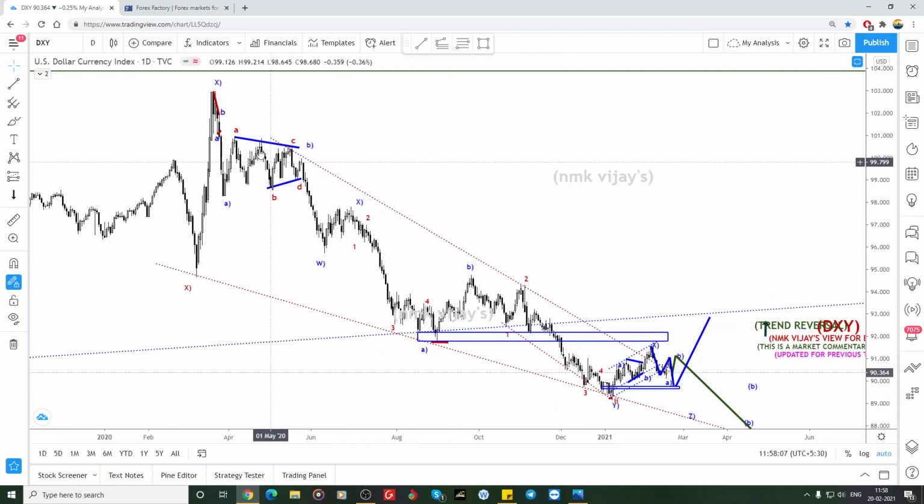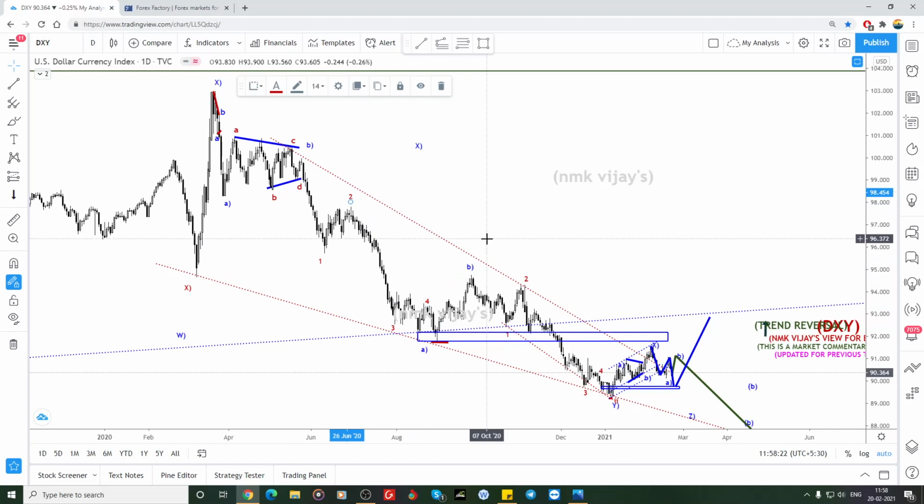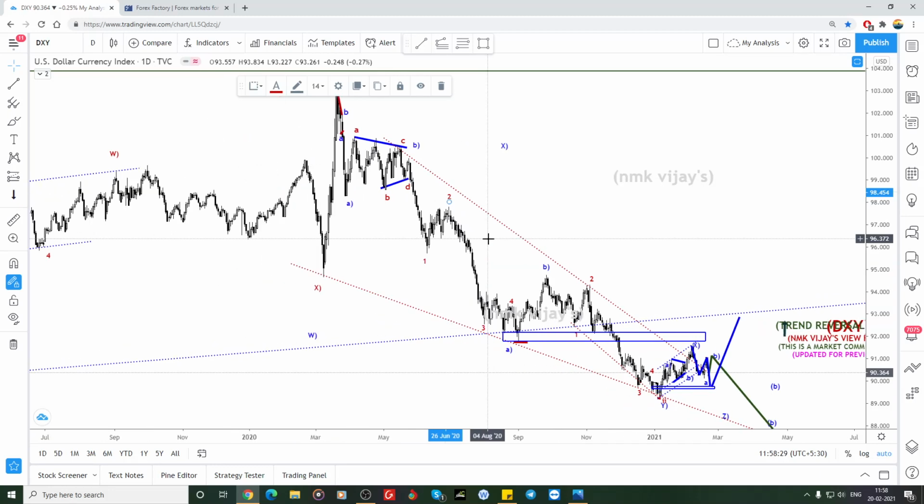So we can make this as an ABC, a flat correction, and B is also, C contains a 5-wave structure. See, I didn't change anything because I need to show you how we need to change the labeling. That is so important. Don't stick to my count also. See, I am also making a lot of mistakes.